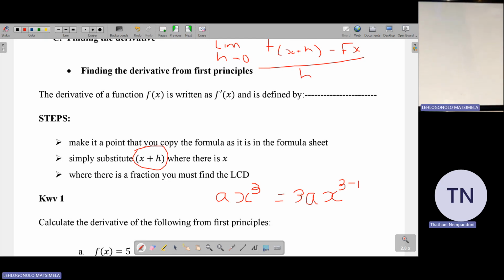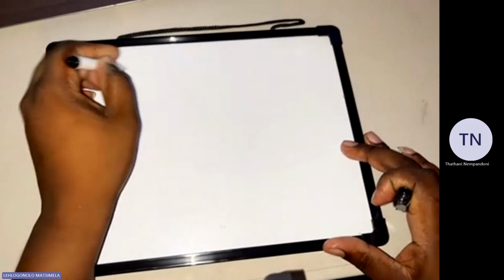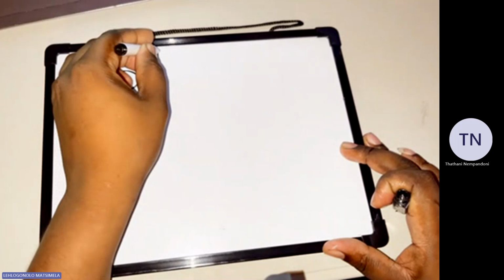Now, this is what we call a derivative, or this is the formula for derivative. Therefore, for example, let's assume that a is 1. If a is 1, then we will be having something like x to the power of 3.